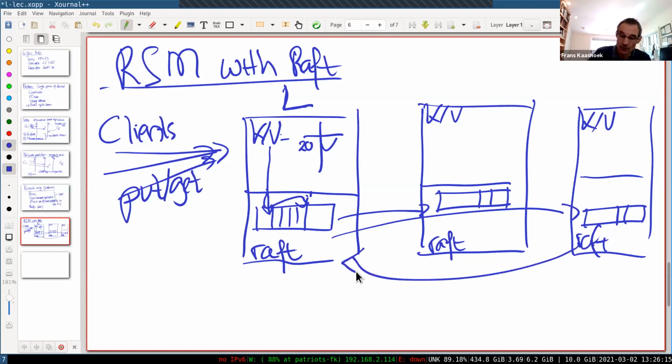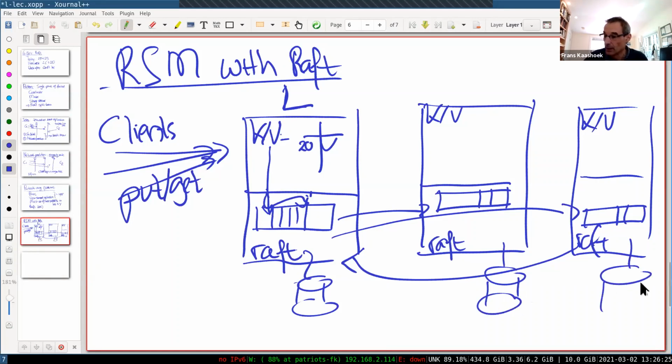And of course, the log and some other state is stored on disk, so that if any one of them fails, they at least have the last part of their log still available, and can build from there.